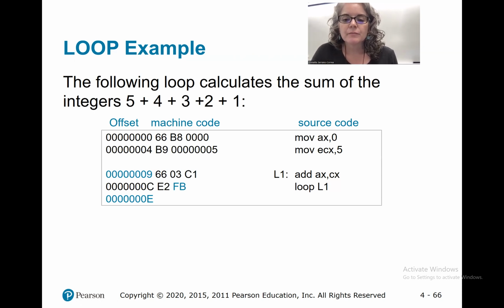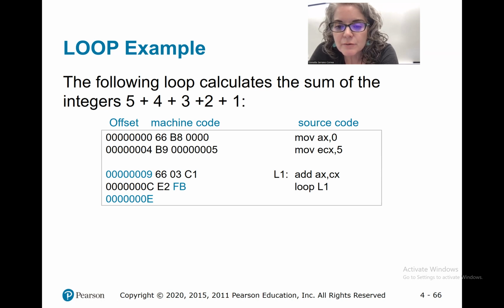And the first time when we go into the loop, we add CX to AX. So it actually adds the 5 to AX.